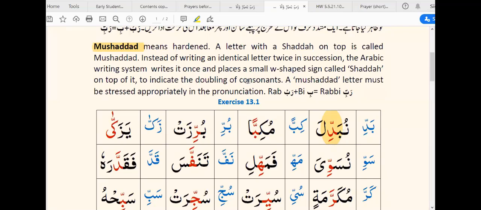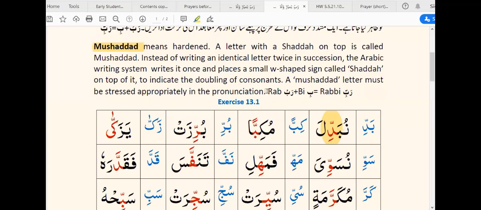In Arabic, instead of writing those 2 letters, a Tashdid is placed on top of a single letter to make sure that everybody knows that there are 2 of the letters.